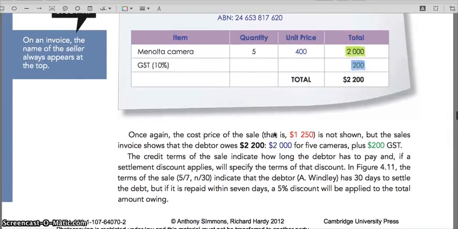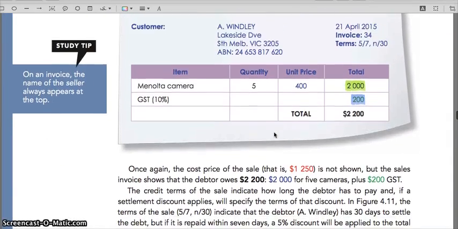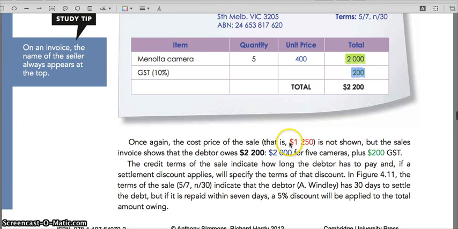Now notice that the cost price of the sale isn't shown on the invoice, but we know we will have been told how we can calculate the cost price of the sale.